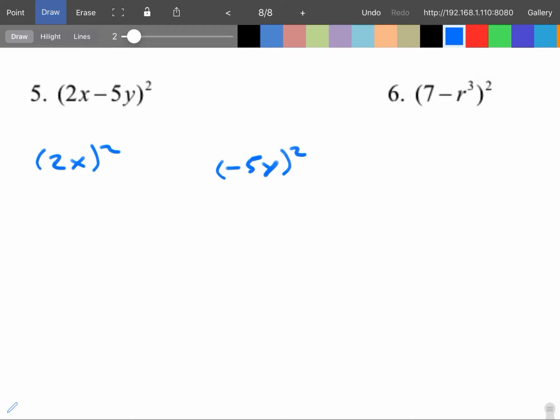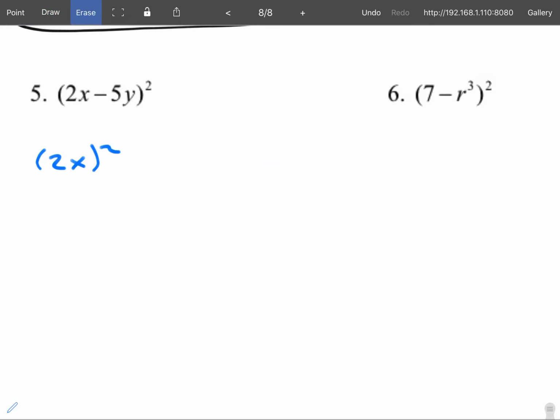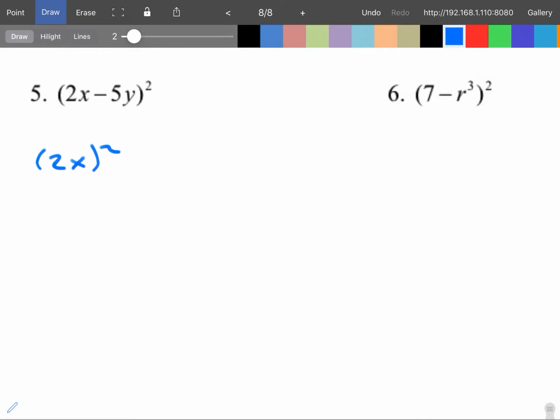That's going to make up your third term. Negative 5y squared.